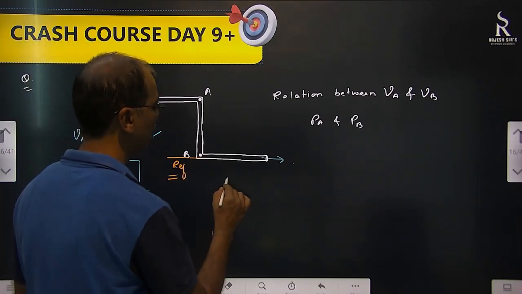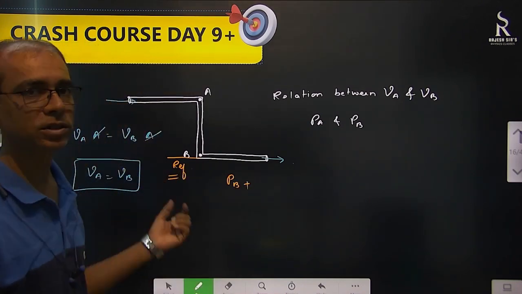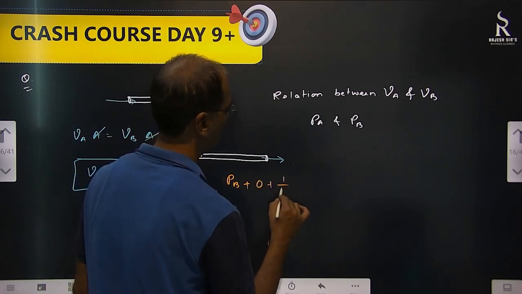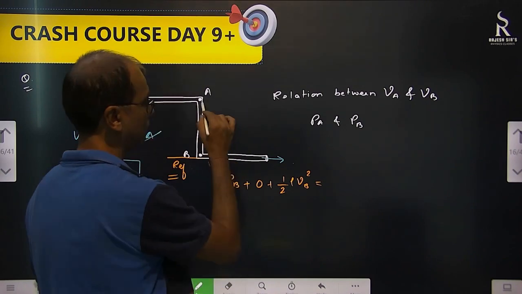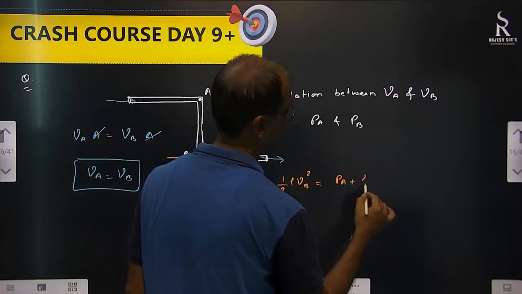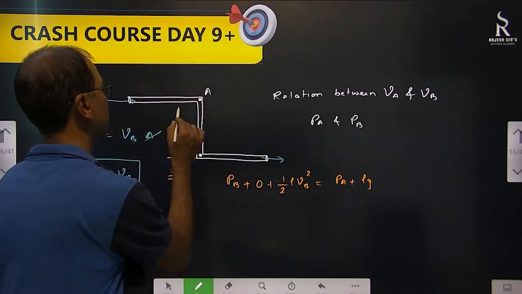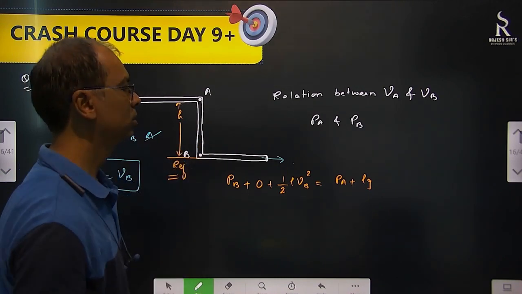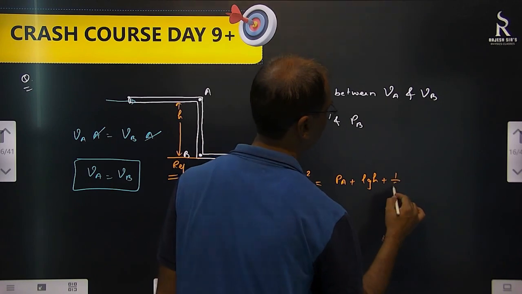Pressure at B, since you have taken it as reference here, potential energy is 0, plus half rho VB square, equal to pressure at A, plus potential energy rho G into H, let's say this is H. So PA plus rho GH plus half rho VA square.